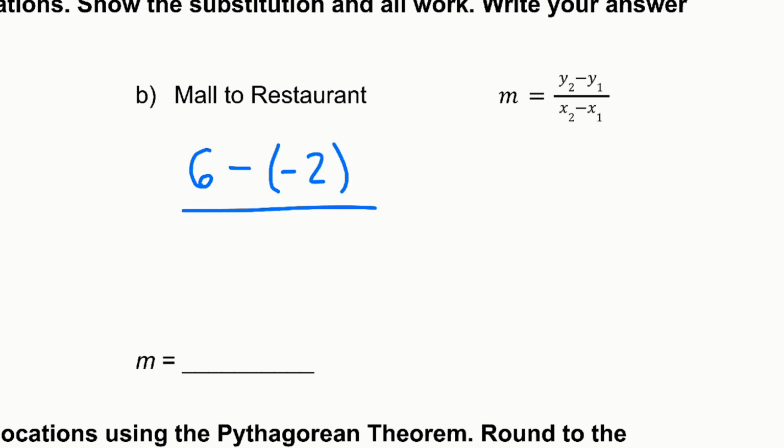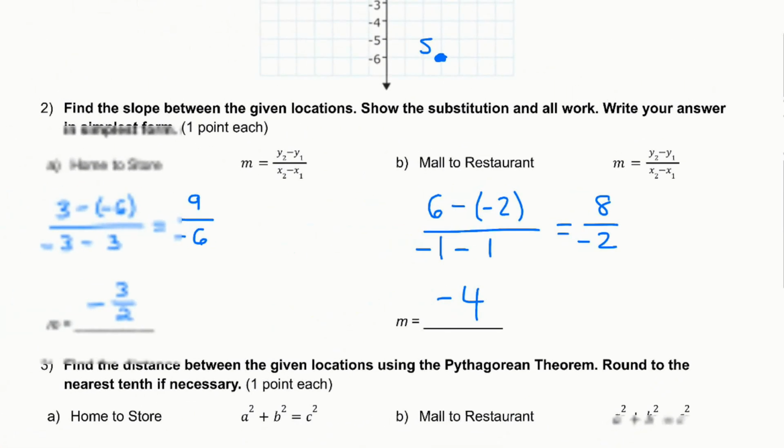And then the mall's x is going to be -1 minus the restaurant's x, which is +1. 6 minus -2 is 8. -1 minus 1 is -2. So this will get me a slope of -4. So that's it. That's task 2, finding the slope between the points.